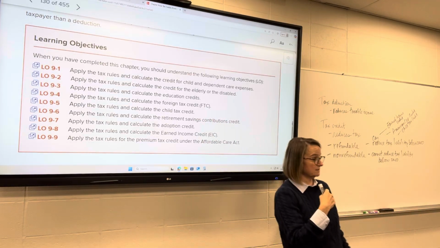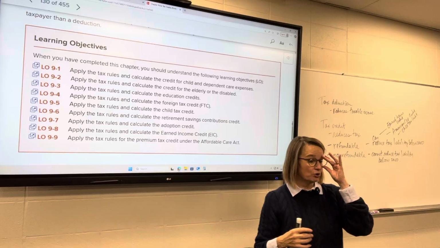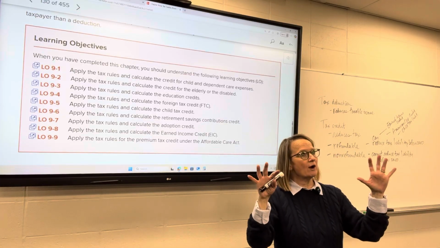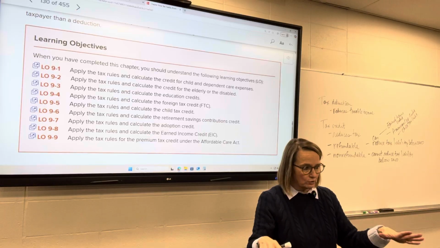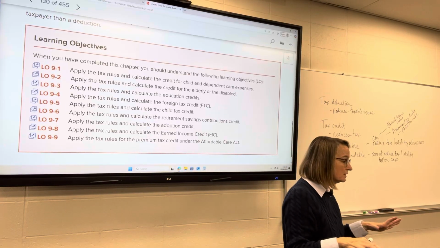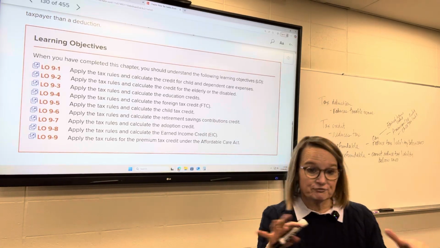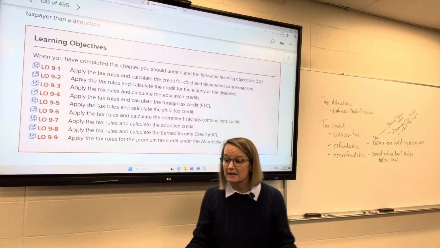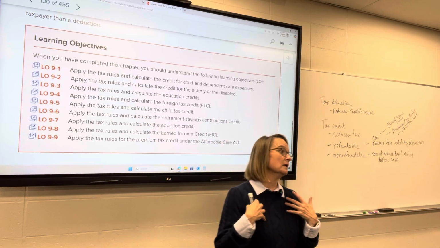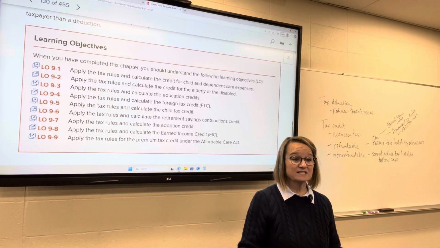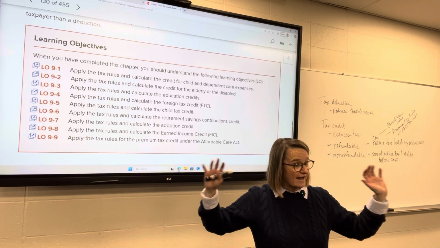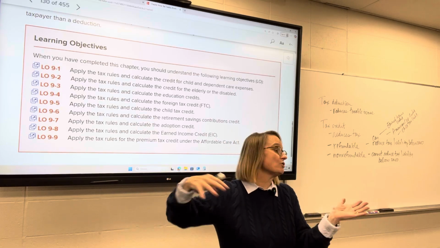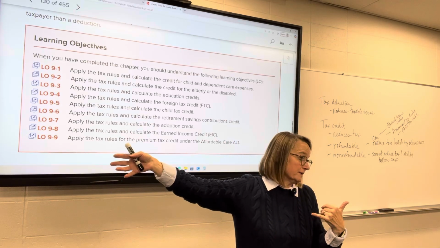Foreign tax credit. Let me back up. Remember that all income worldwide is taxable in the U.S. if you're subject to U.S. tax. That means that all of your worldwide income is subject to tax. Well, if you have income from overseas, it's very likely that that income has already been taxed by some other country, right?